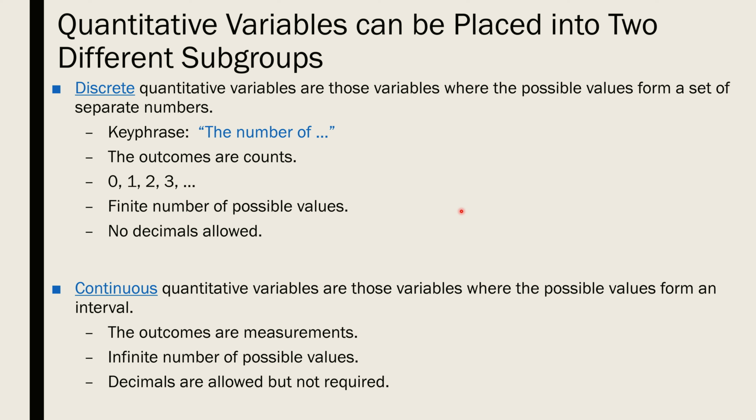The outcomes of continuous quantitative variables are measurements. Continuous quantitative variables have an infinite number of possible values. Decimals are allowed but are not required for continuous quantitative variables.